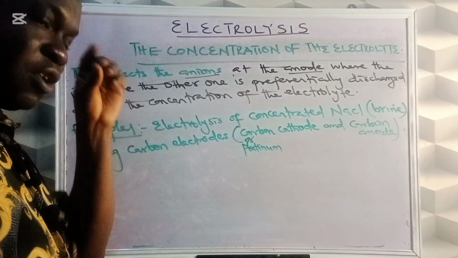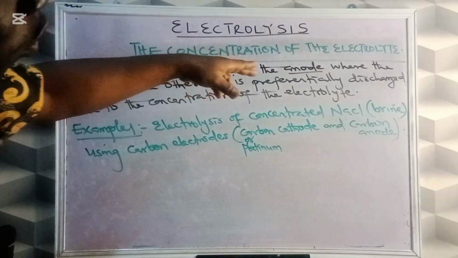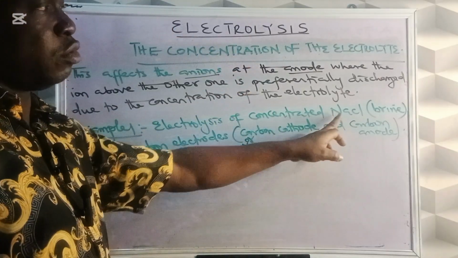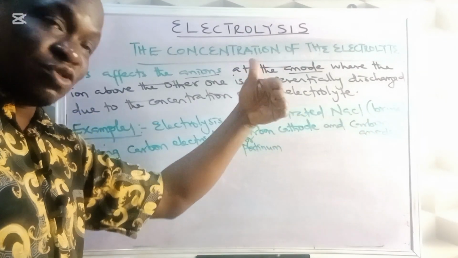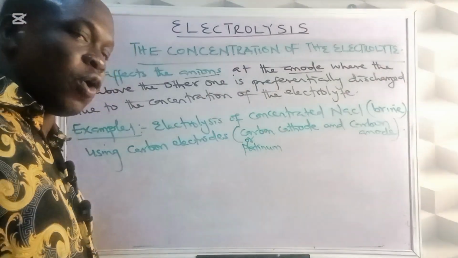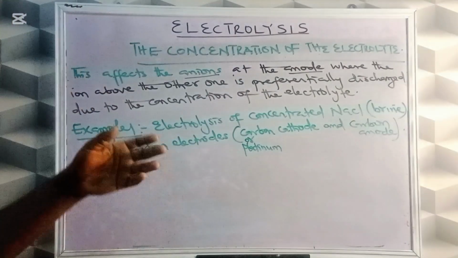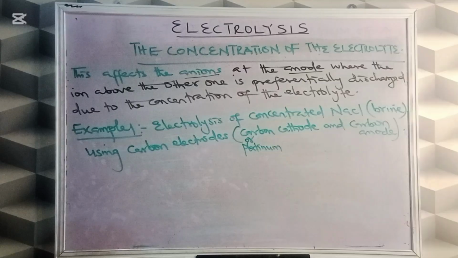That's the major difference. Go and look at the electrolysis of sodium chloride solution using carbon electrodes or platinum. You can use that for dilute sodium chloride.